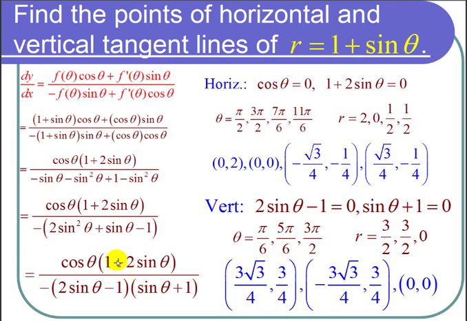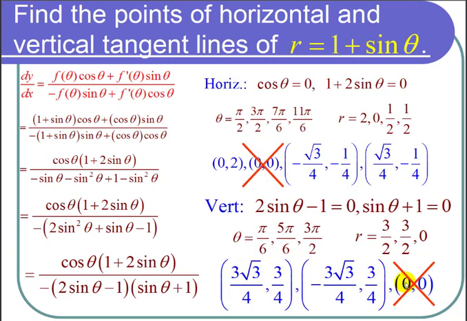And it turns out that this derivative is truly undefined and there is no limit when we plug in our 0 comma 0 point. So that means 0 comma 0 is neither a horizontal nor a vertical tangent line. So I disregard that point for my horizontal and vertical tangent lines.